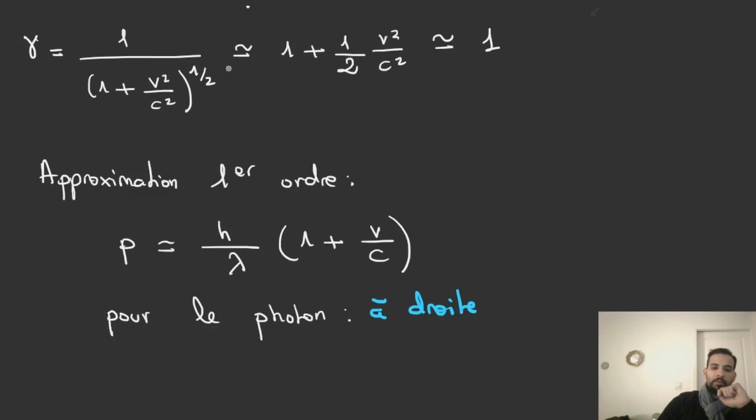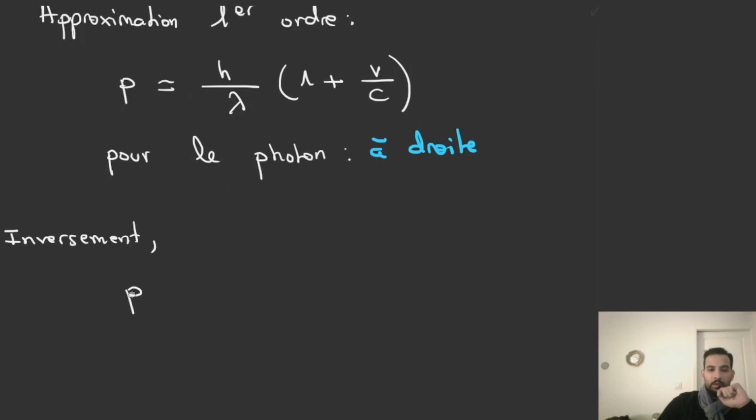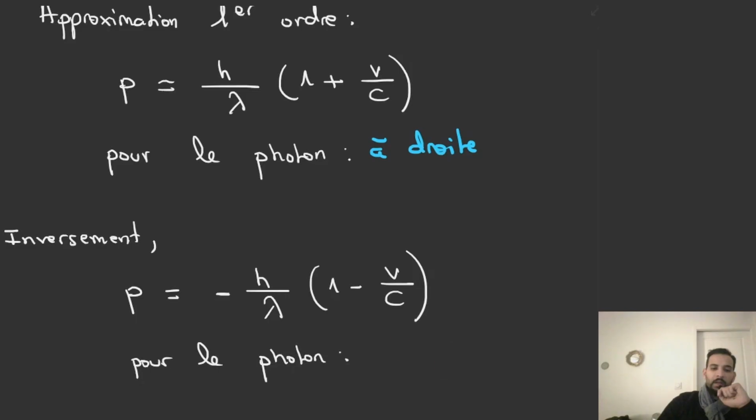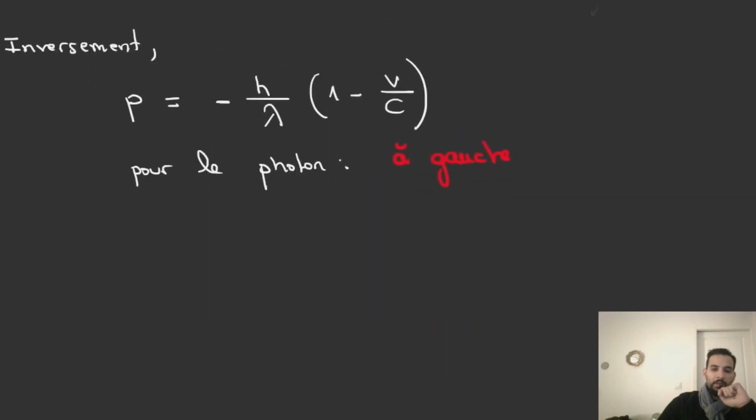Similarly, for the red photon, moving to the left, the momentum is given by p = −(h/λ)(1 − v/c). Here we have the minus sign since it is moving to the left.